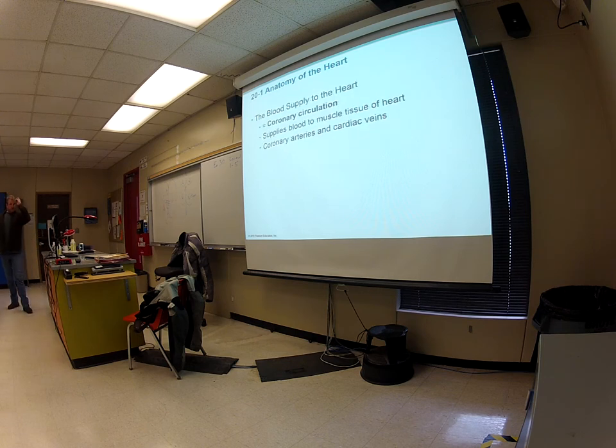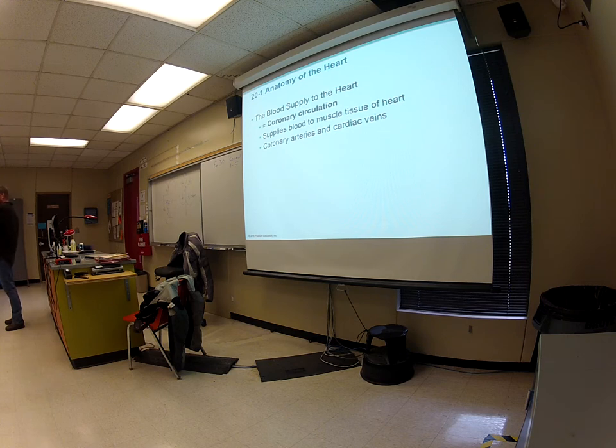Now, blood supply to the heart, well, it's coronary circulation. So, if there's coronary circulation, what were the other 2 types of circulation that you guys need to know about? Pulmonary circulation and cardiac will be coronary.